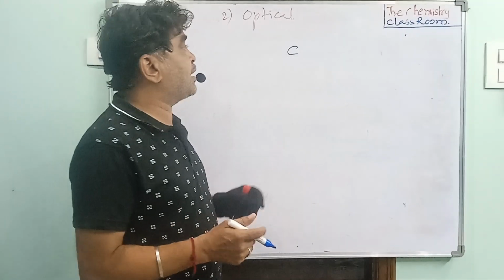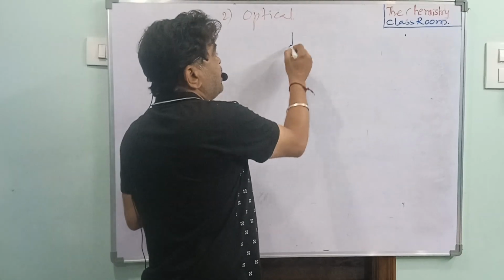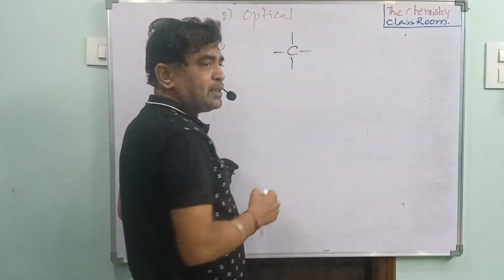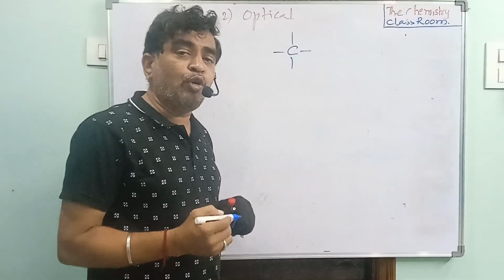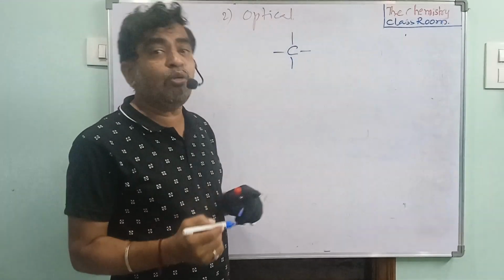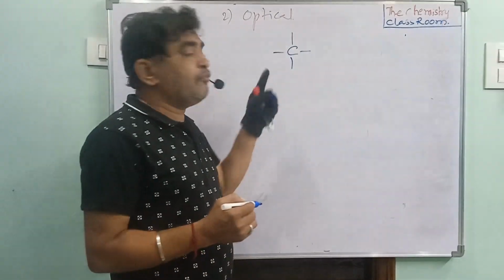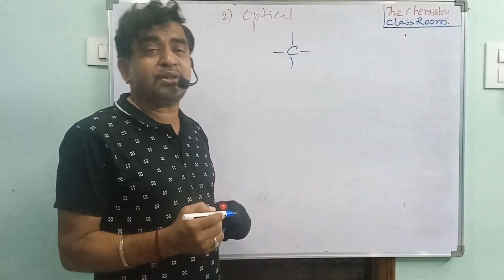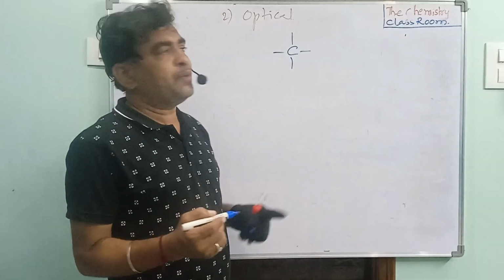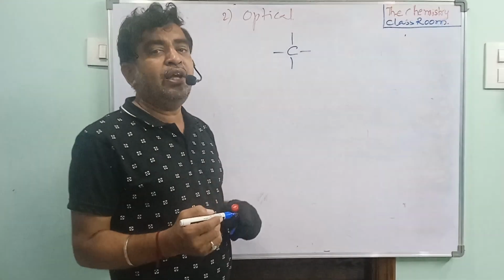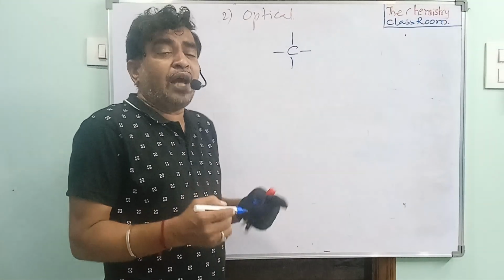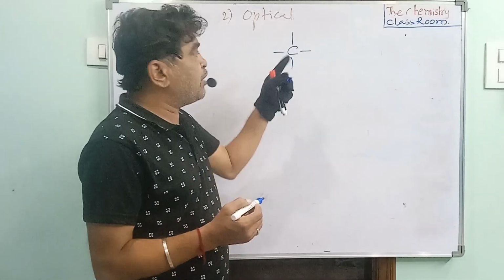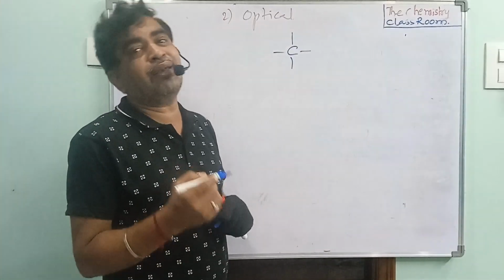So what is a chiral carbon? The carbon should be saturated, which means it has four bonds, all sigma, and they are attached to four different atoms or four different groups. Only then is the carbon called a chiral carbon.